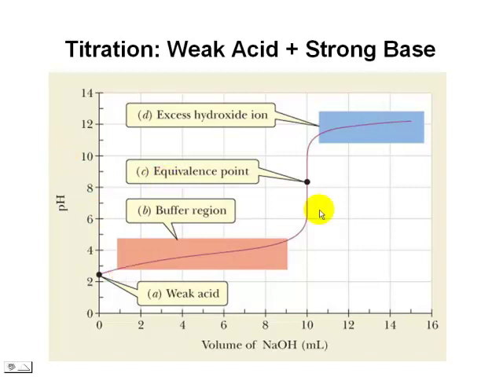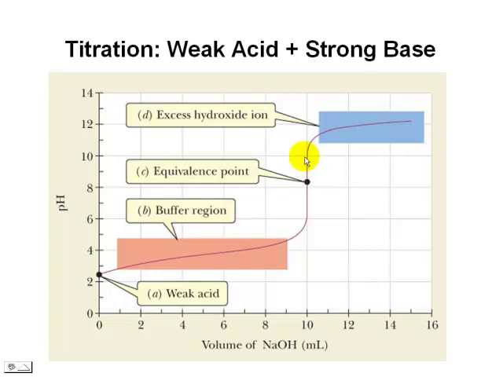Also, notice here at half of the neutralization point, our pH is going to be equal to the pKa. At this point, we have a buffer solution in which the concentrations of the weak acid and its conjugate base are equal. Also notice that at the equivalence point, the pH is greater than 7, and this is because the anion of the weak acid will hydrolyze.